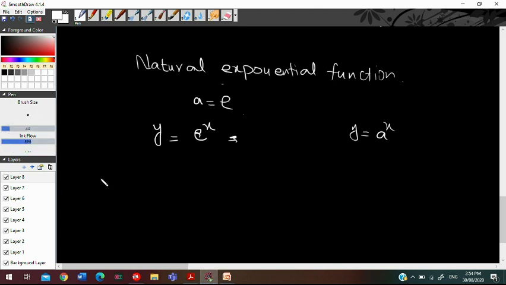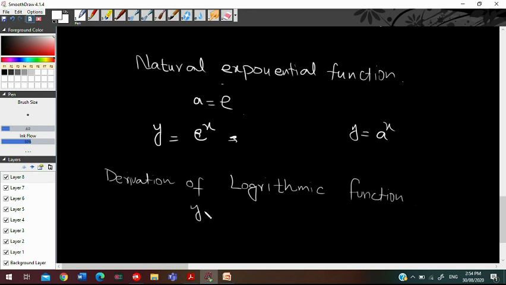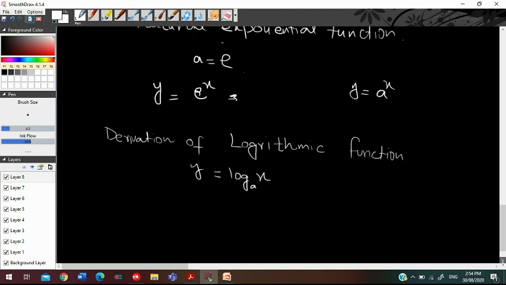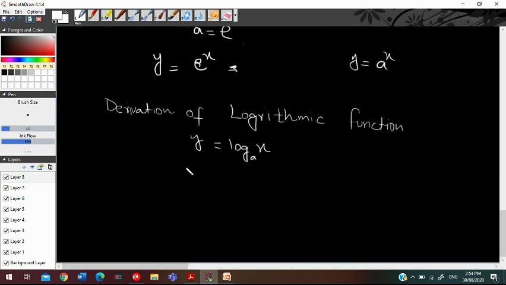First I will write the derivation of the logarithmic function in which we have y is equal to log base a of x. This is the first step: y is equal to this, step 1.